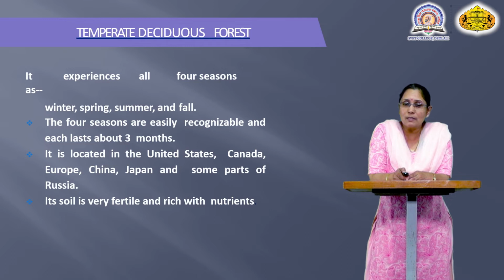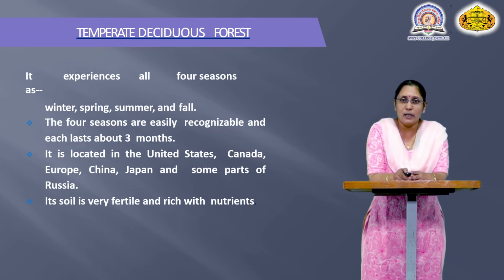The four seasons are easily recognizable, and the duration of each season is only about four months. It is located in the United States, Canada, Europe, China, Japan and some parts of Russia.